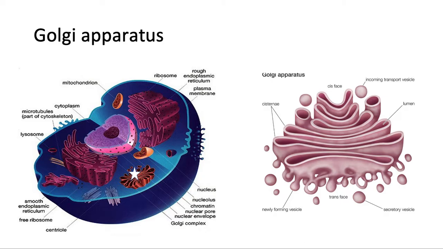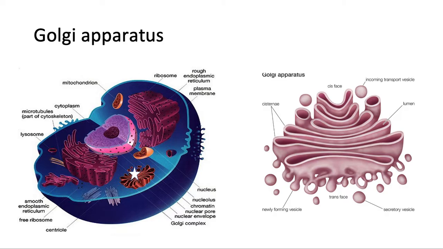The Golgi apparatus modifies proteins and lipids that it receives from the endoplasmic reticulum. These biochemicals leave the Golgi by exocytosis before being delivered to different intracellular or extracellular targets.